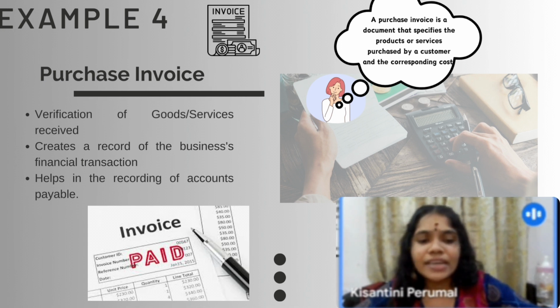Helps in the recording of accounts payable. The purchase invoice, which shows the amount due to the supplier, starts the accounts payable process. This is necessary for controlling the company's debts and providing accurate financial reporting.